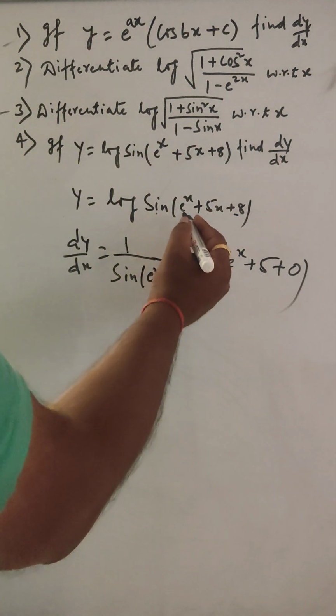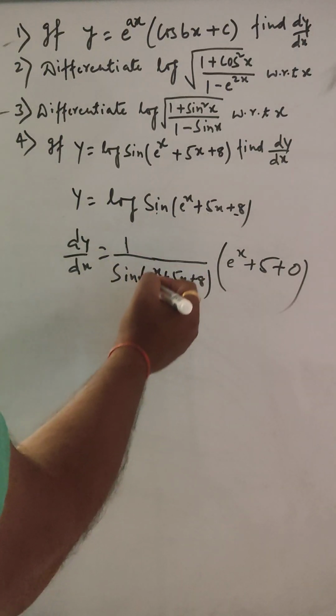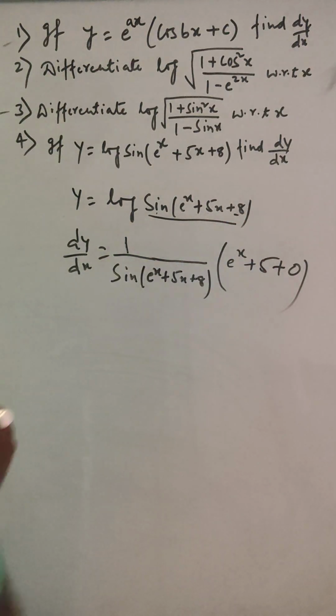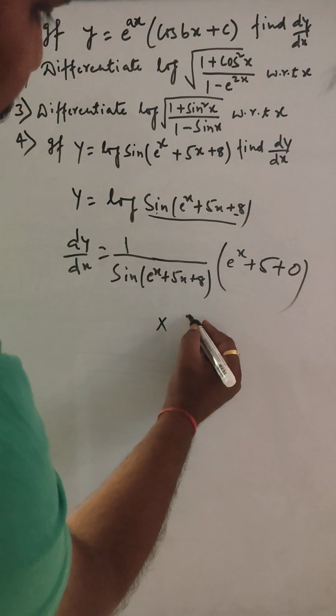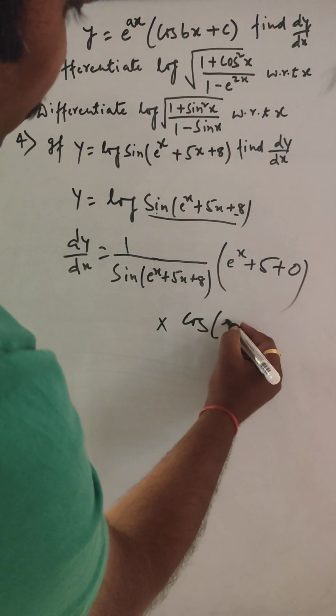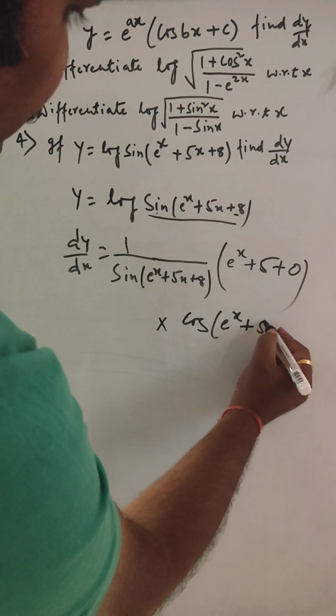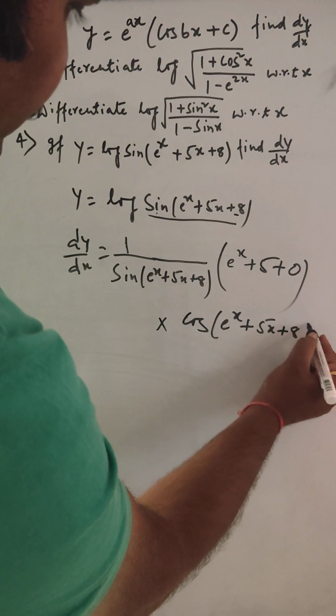Then we have done differentiation of log, and differentiation of this also we have to do, right? The differentiation of sin is what? cos, cos(e^x + 5x + 8), correct? So this is your e^x + 5 and this is your cos(e^x + 5x + 8), divided by sin(e^x + 5x + 8), correct?